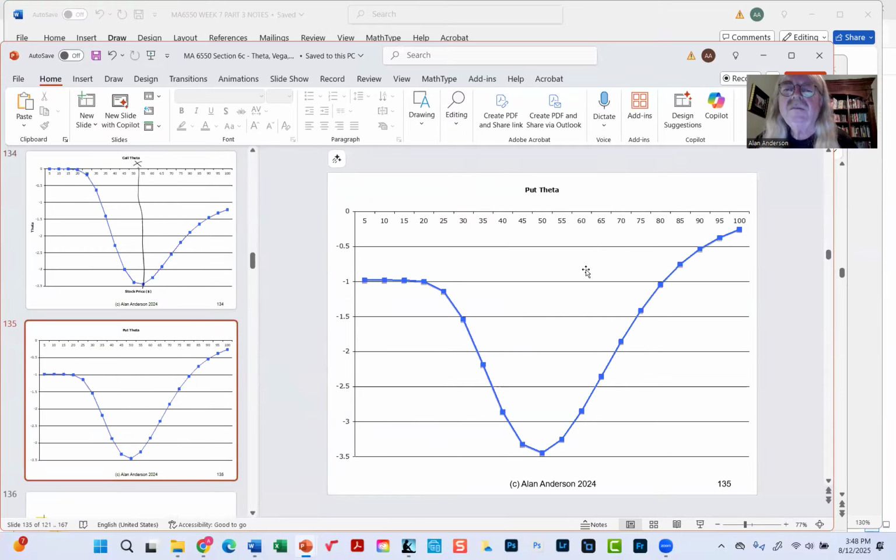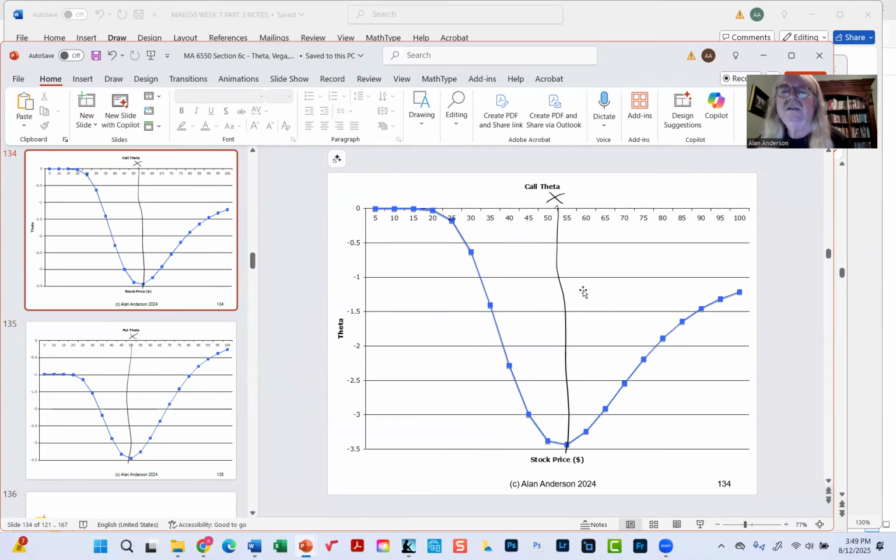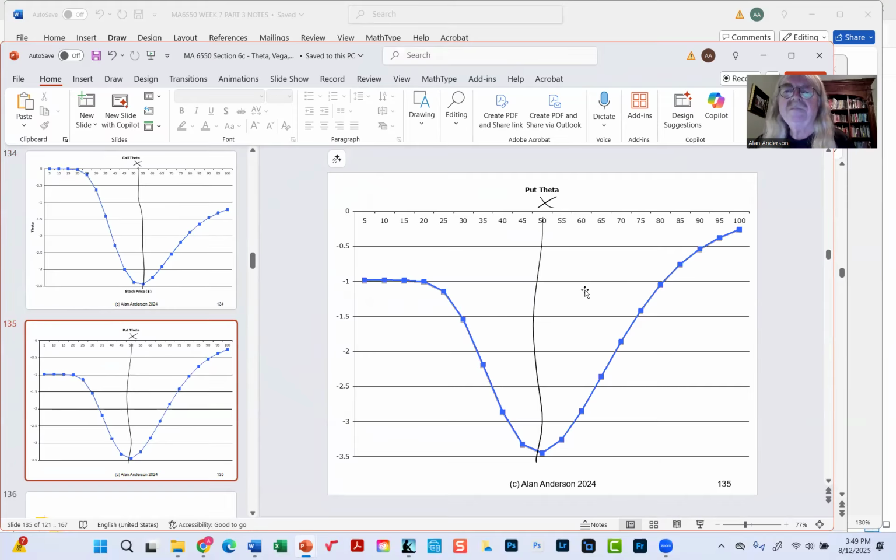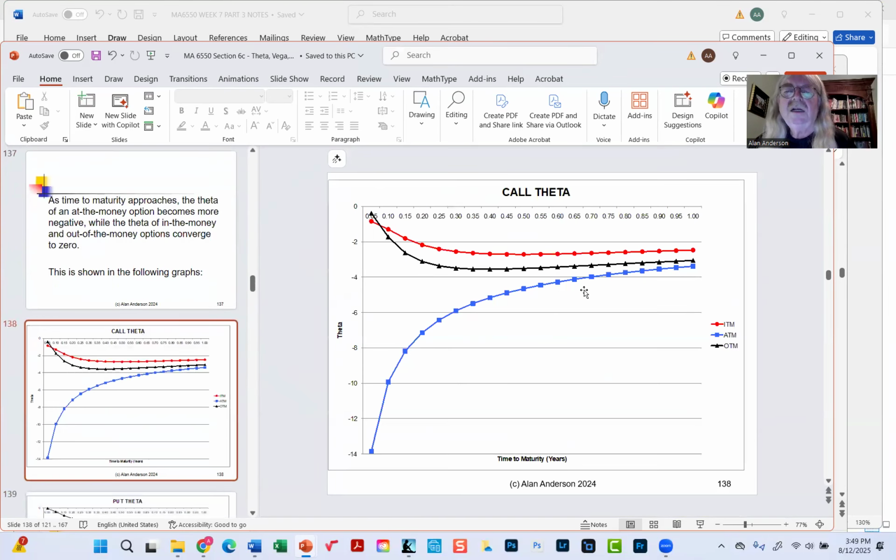And then for the put, if you notice, they're basically reversed from left to right. And then the at-the-money theta grows as we get closer to the maturity date. If the option is still right at the money, theta can become extremely negative, but eventually it has to go to zero when the option matures.